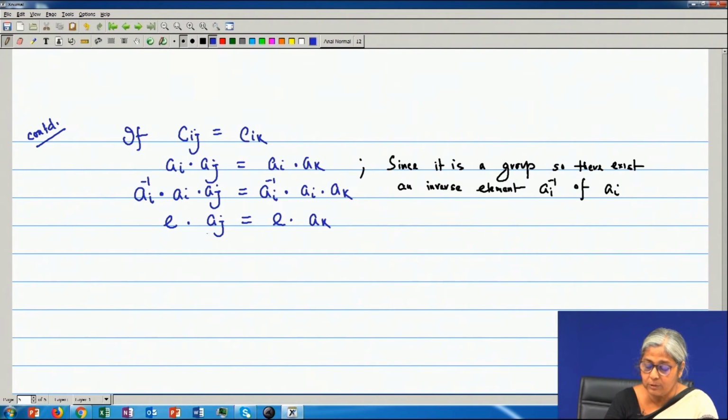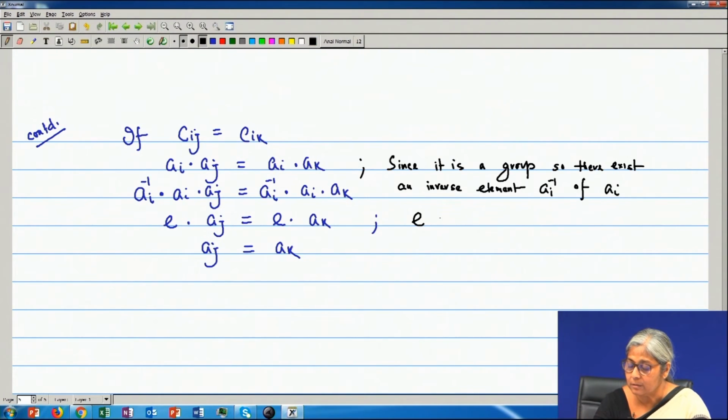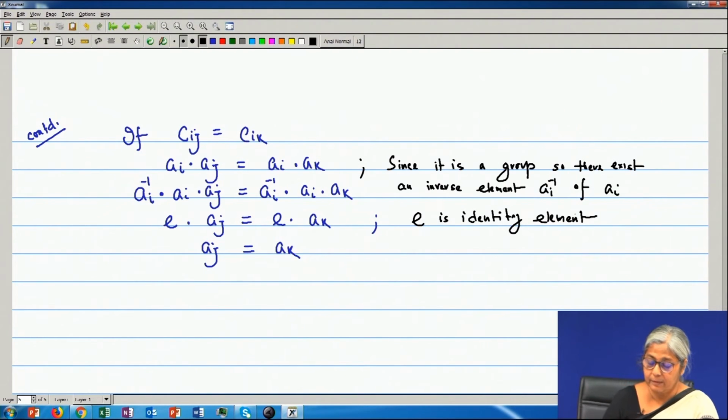We know E dot Aj is Aj only, and E dot Ak is Ak only, because E is my identity element. So, then Aj equals Ak.